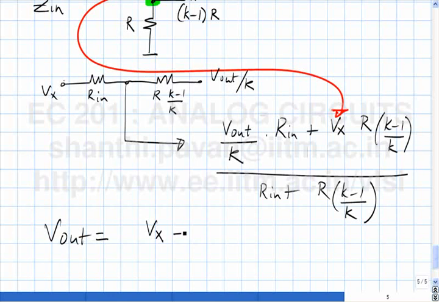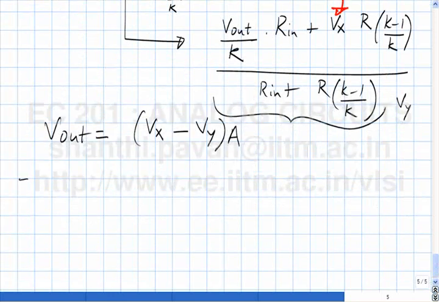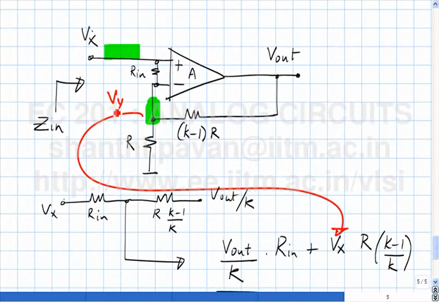Vx minus this monster here. Let me call this Vy times A, must be the output voltage, which means we're not really interested in V out as such.